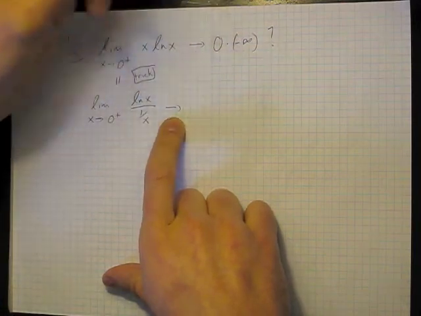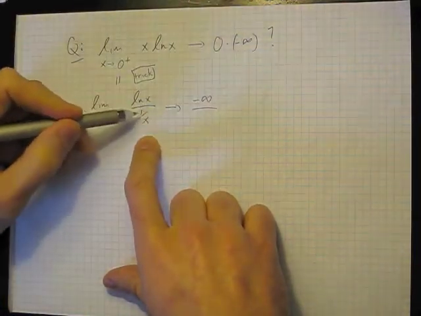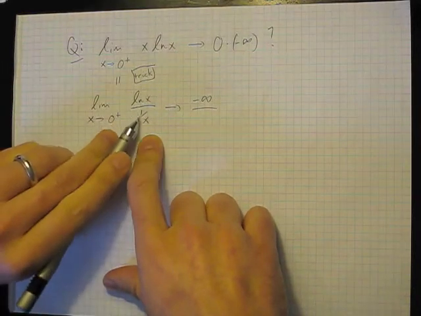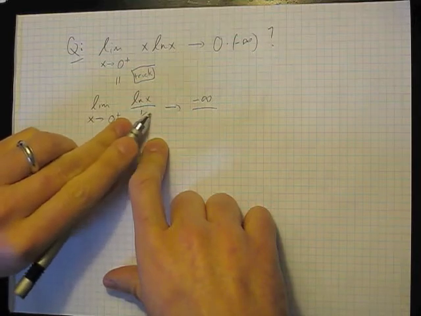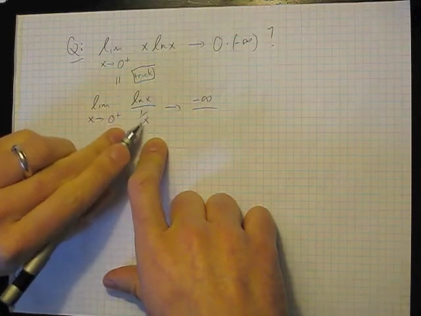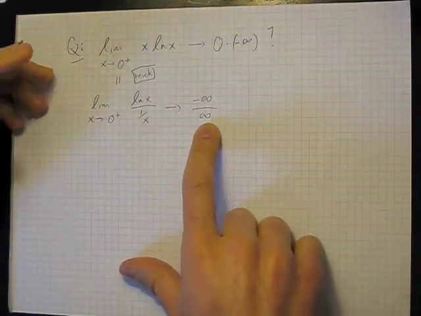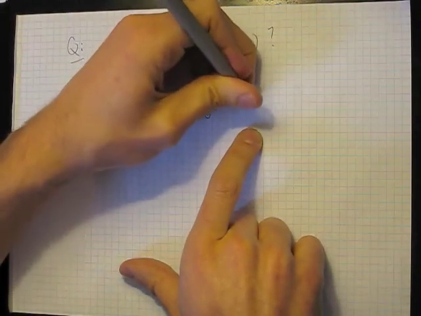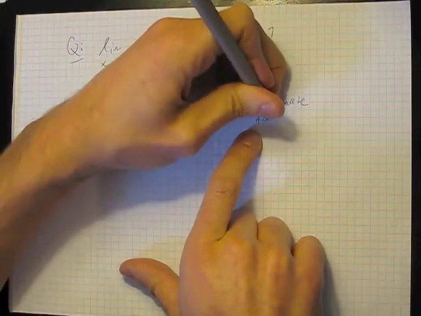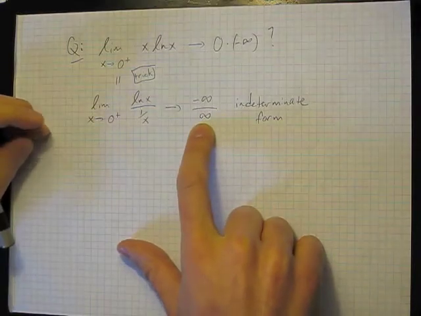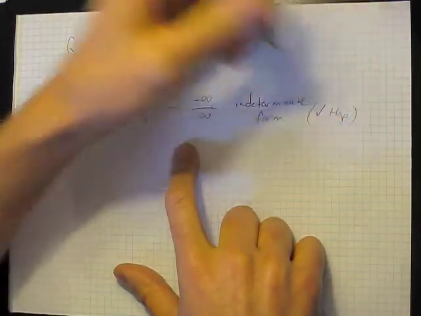This is going to minus infinity in the top, and then the bottom, as x goes to 0, 1 over x goes to infinity. The smaller you make the denominator of this fraction, the larger that becomes. So this is approaching infinity in the denominator. And now it looks like an indeterminate form. So now we can use L'Hopital's rule. So check, L'Hopital's rule applies.